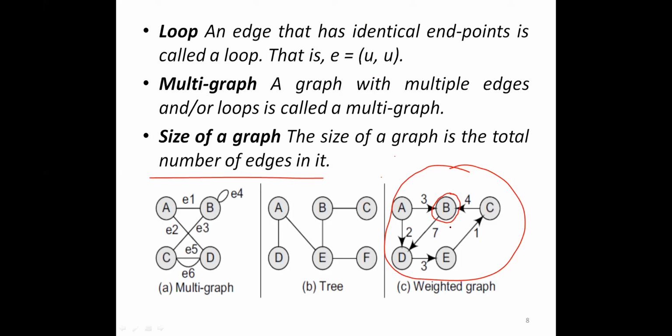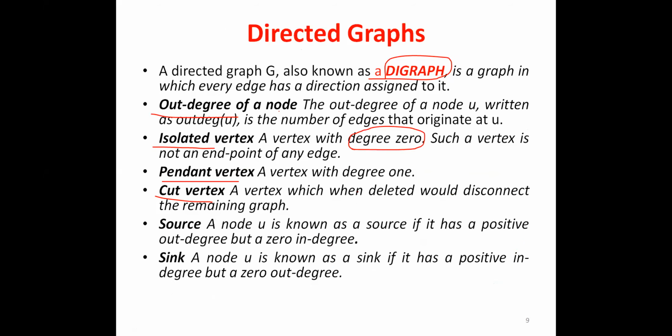A to B is not disconnected. We cannot make it two disconnected graphs. It stays connected because A is connected to F. So if there is a vertex that disconnects the graph when removed, it is said to be a cut vertex.